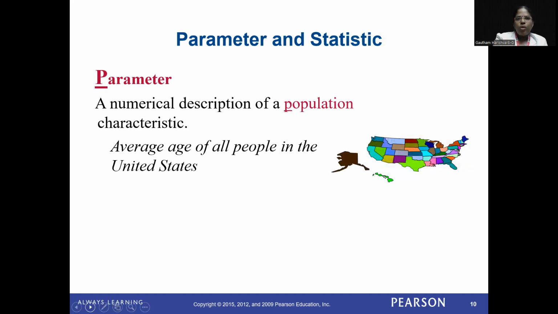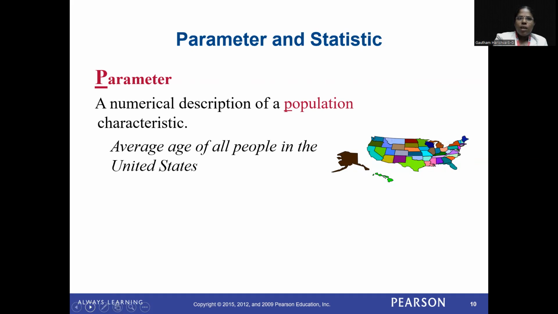Now, the next topic we are going to see is what is meant by parameter and statistics. In the previous slide, I explained what is meant by data, what is meant by statistics, and the differences between population and sample. The next thing is the difference between parameter and statistics.